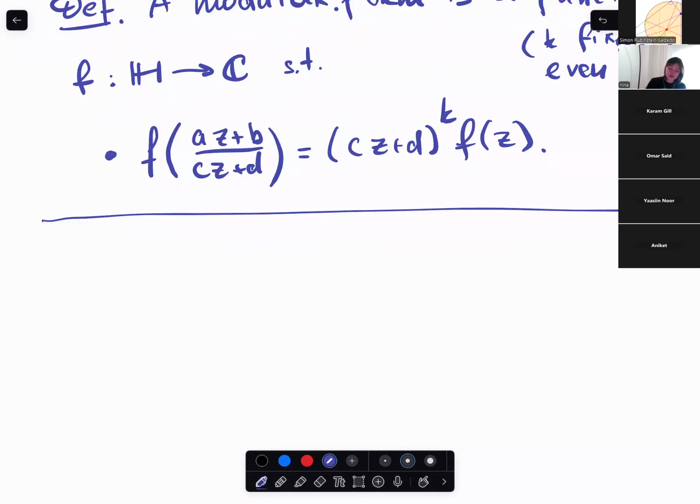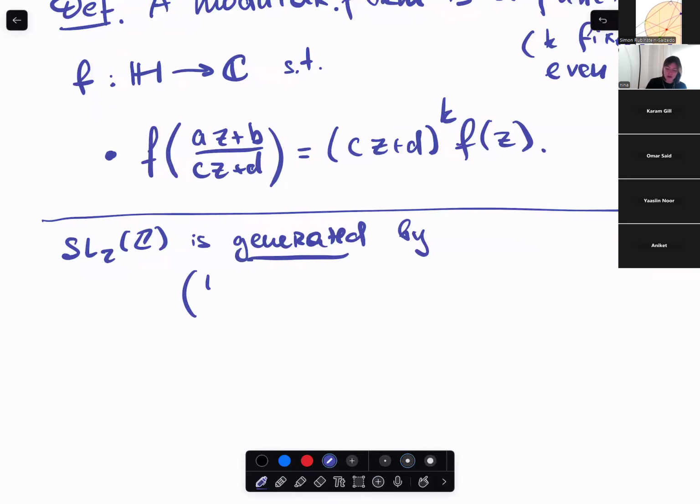One thing I should mention is that the group SL2Z is generated by two matrices, 1, 1, 0, 1, and 0, 1, minus 1, 0.